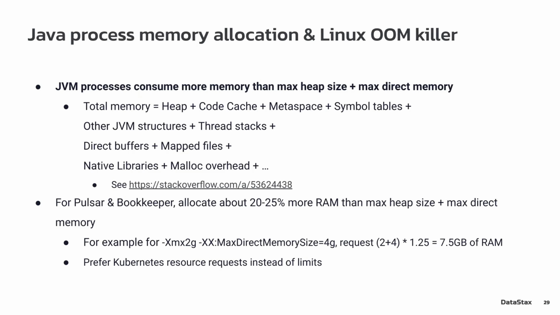You should be allocating at least 20 to 25% more RAM than the maximum heap size and direct memory size. And it's better to just use resource requests and not use limits at all, since there's the risk of getting the process killed when it goes over the limit.